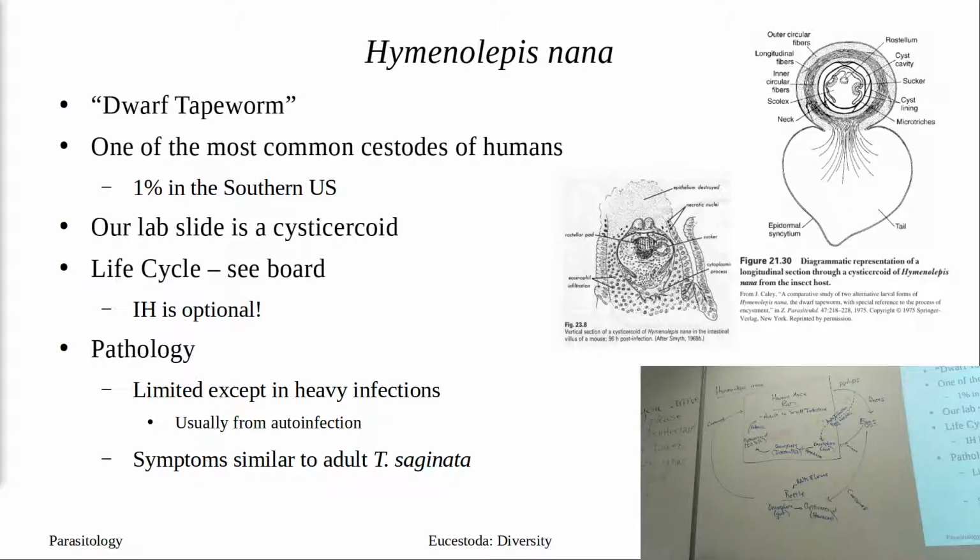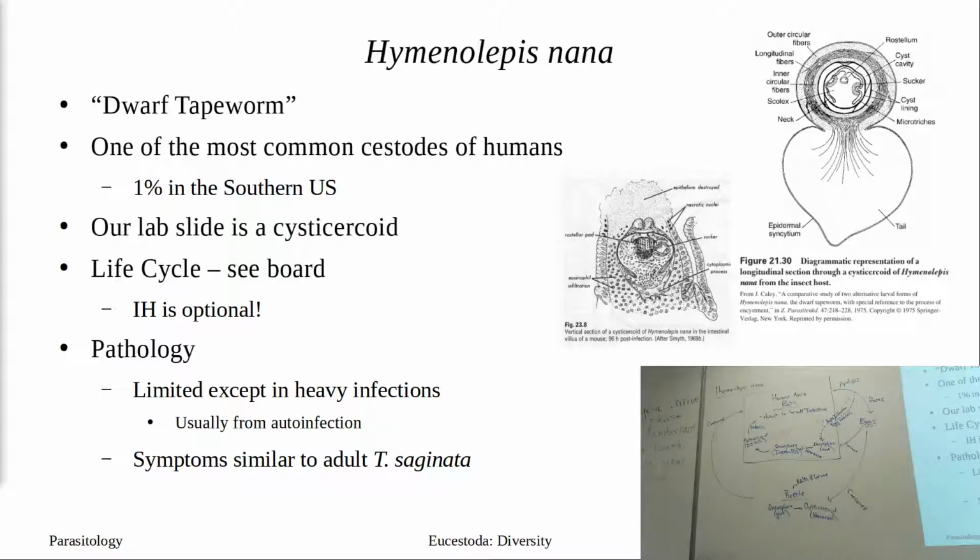So pathology is very limited, except in these heavy infections. And those heavy infections typically develop through autoinfection. If you get it, then your symptoms are going to be similar to any of the adult cestodes. And I referenced Taenia saginata because this parasite isn't one that shows that pernicious anemia.